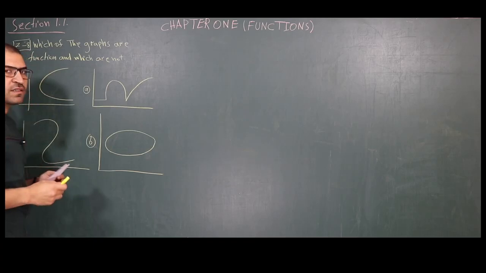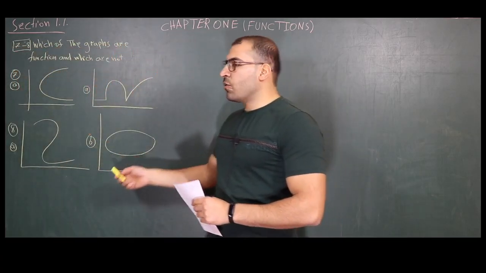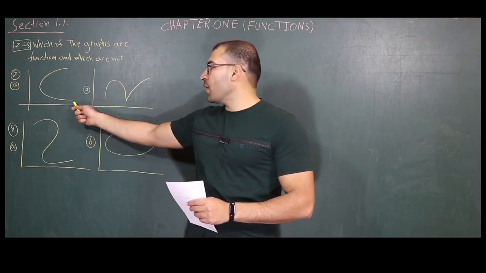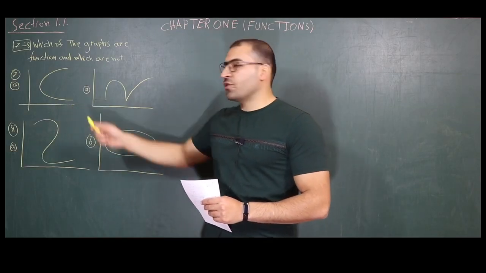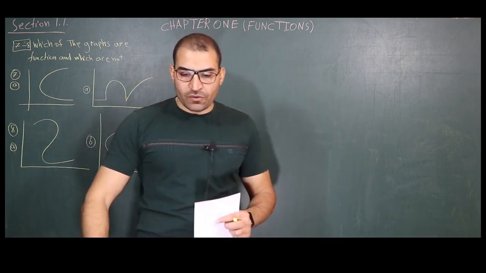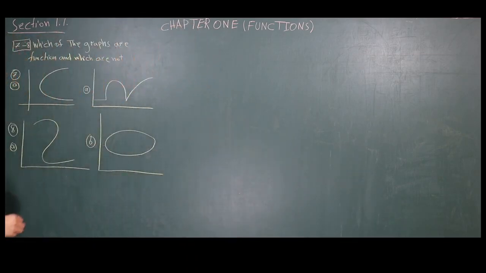It's very easy exercises, and he wants us to indicate which of these graphs represent a function and which one is not. So what we're going to do is perform the vertical line test.